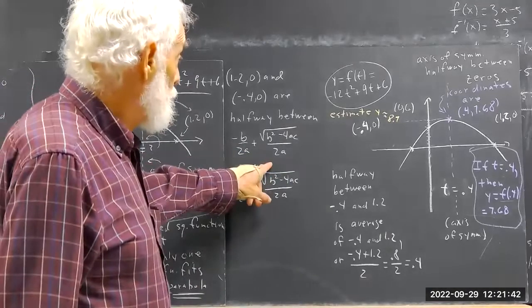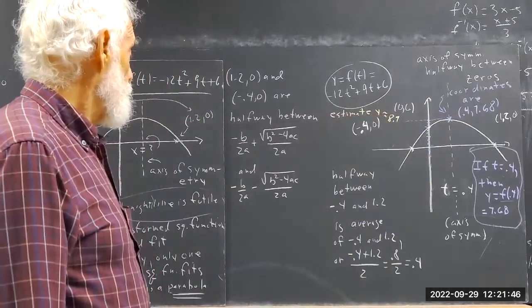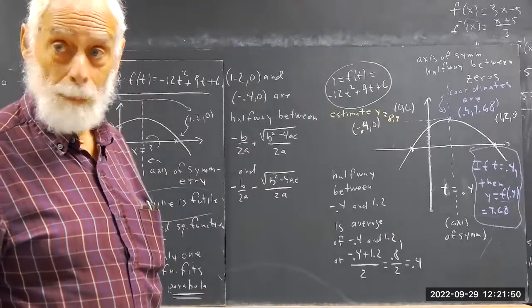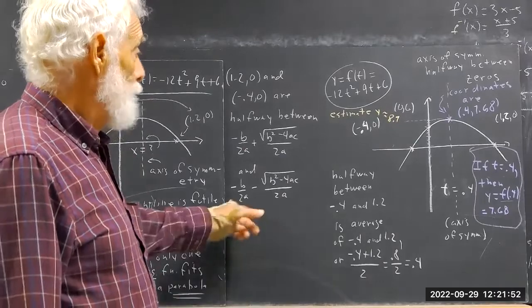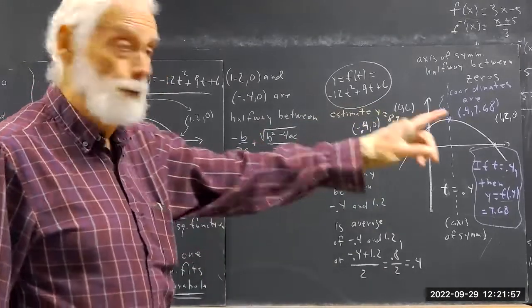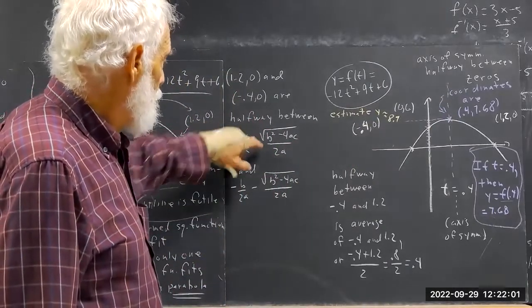This is how we got the 1.2 and the negative 0.4. Now, what's halfway between this and this?